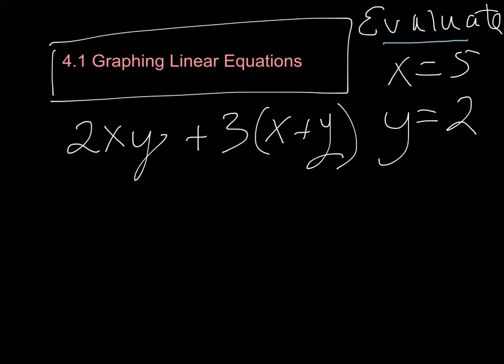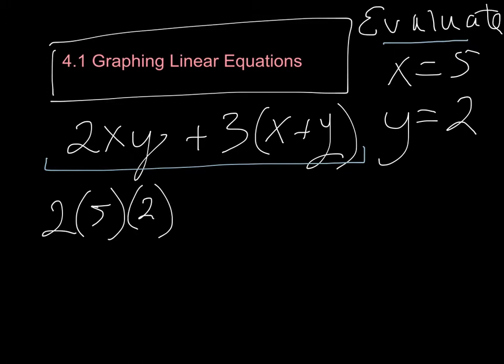So we're finding the value. There's no equal sign, right? So this is just an expression, and we're going to substitute x equals 5 and y equals 2. So we have 2 times 5 times 2, because y equals 2, plus 3 times (5 plus 2).